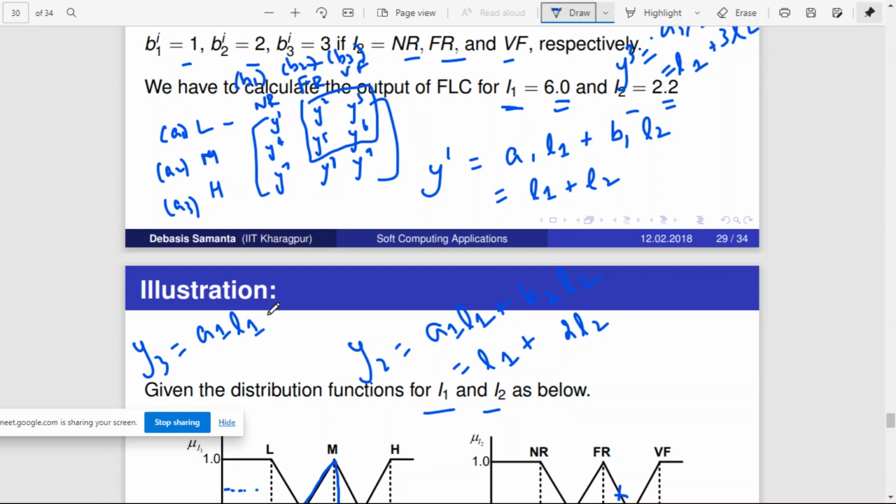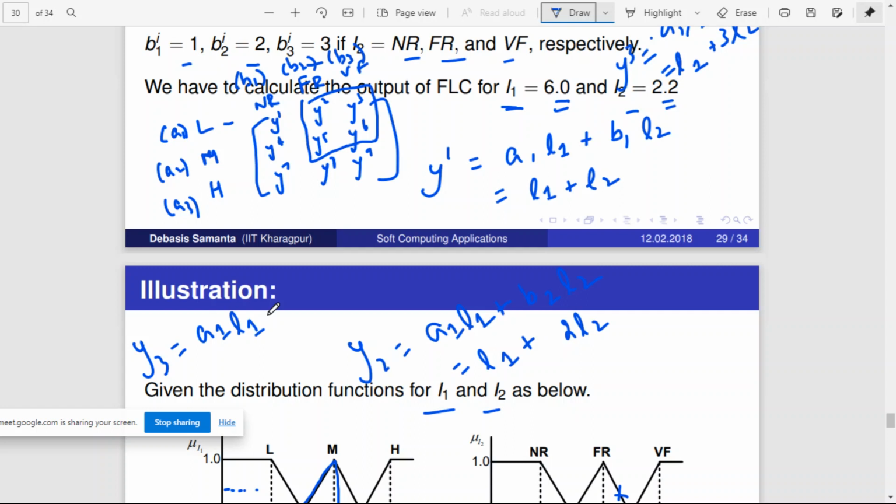That is how you get this. Now we have all these things. L1 is given as 6.0 and L2 is 2.2. If you plug them in, you will get all the values: Y1, Y2, Y3, Y4.